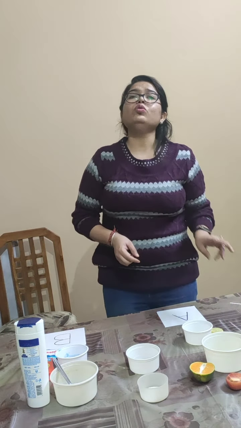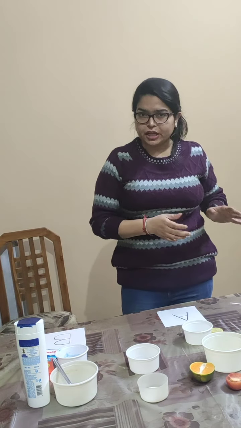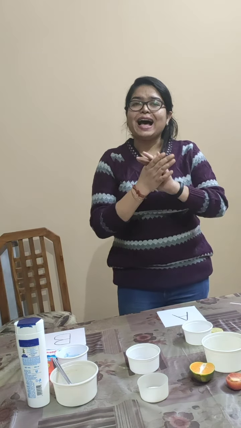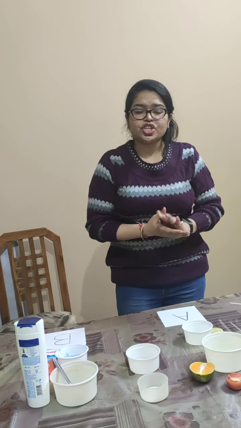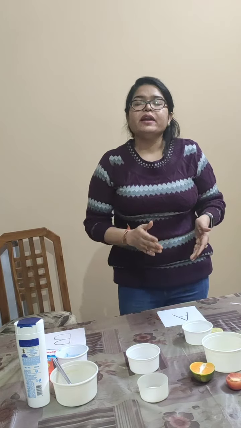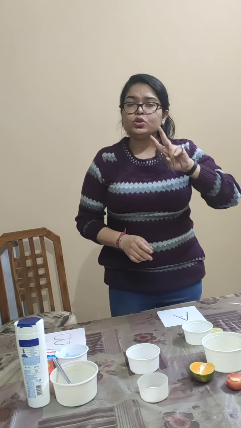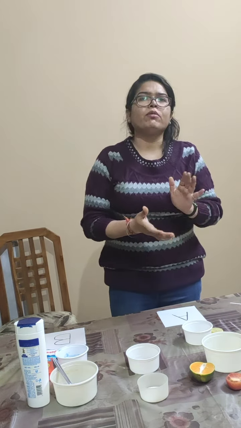So what can we conclude? We can conclude that there are two types of natural indicators that we have used. The first one was turmeric paper. This turmeric paper has shown no color change in an acidic medium, or group A substances, while it has changed its color from yellow to red in group B substances. Then we have used the two litmus papers, which are also natural indicators obtained from lichens.